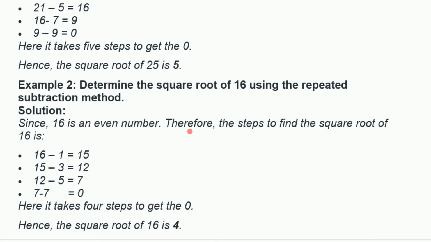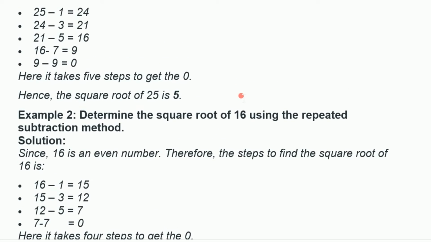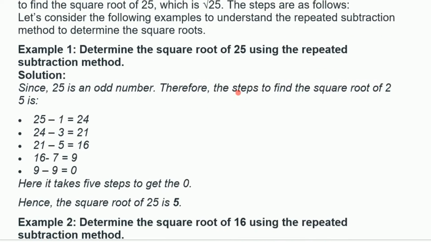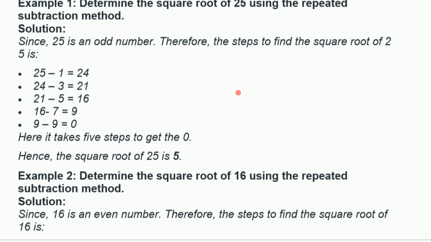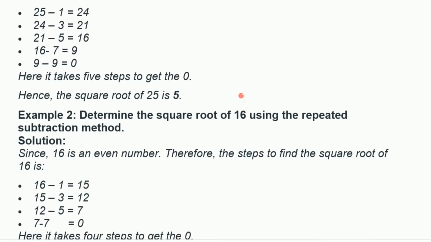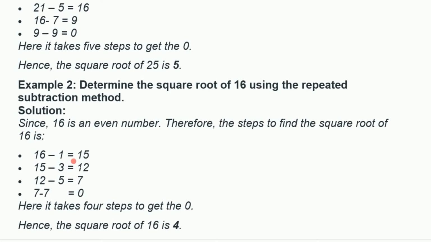Let us see one more example. Here we took an odd square number, now we will take an even square number, 16. 16 minus 1 is 15. 15 minus 3 is 12. 12 minus 5 is 7.